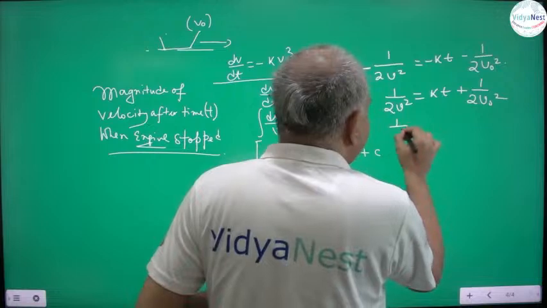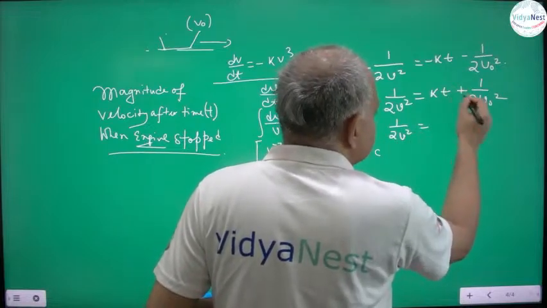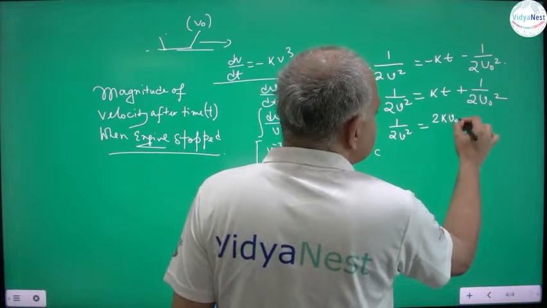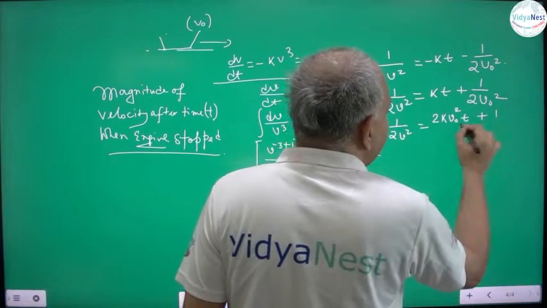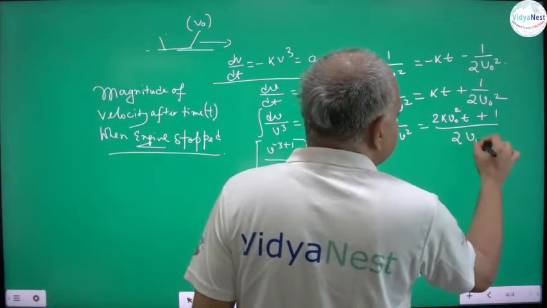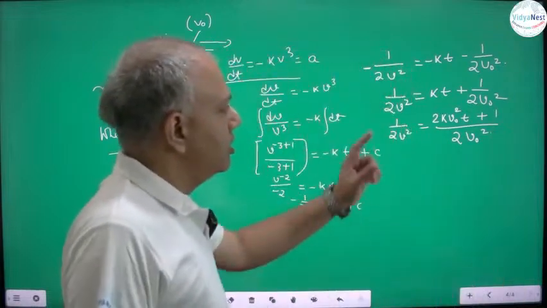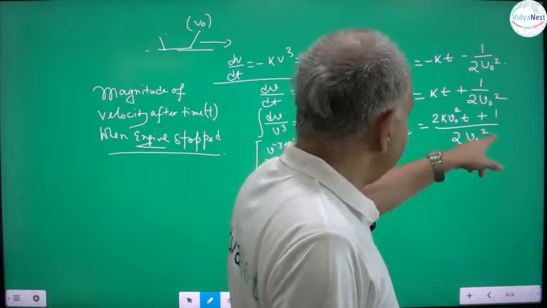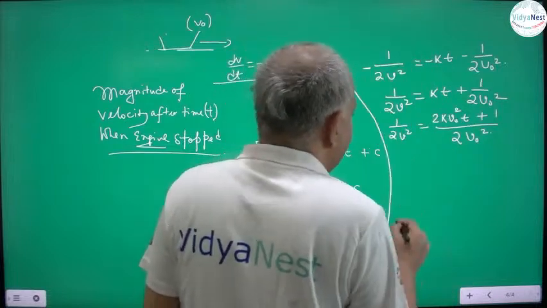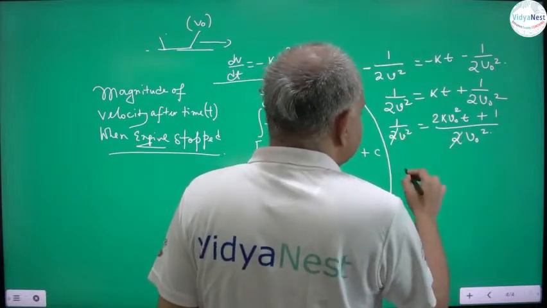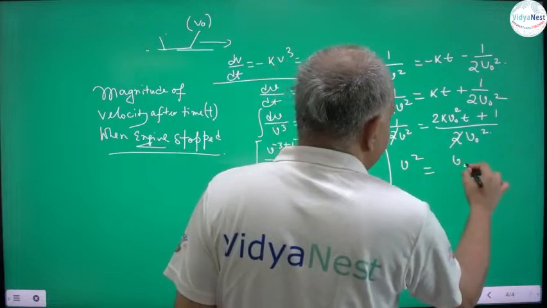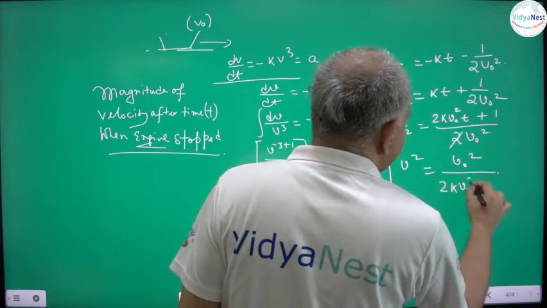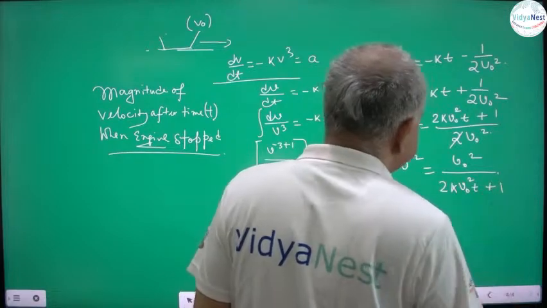So 1 by 2 v square is equal to 2k v naught square into t plus 1, divided by 2 v naught square. So we can have it this way, these two cancel out, and v square is equal to v naught square divided by 2k v naught square t plus 1.